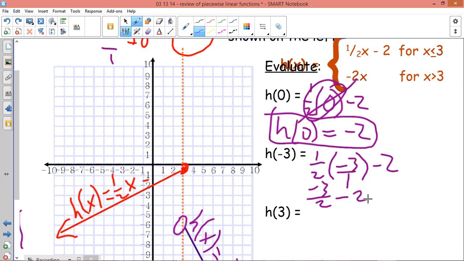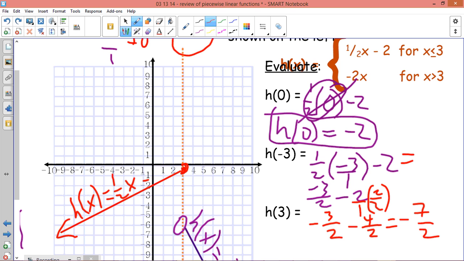However, you can't combine fractions unless you have a common denominator, so I make this 2 over 1, and then multiply by 2 over 2 to have the denominator both be 2. So I get negative 3 over 2 minus 4 over 2. I keep my denominator the same, over 2, and I do negative 3 minus 4, so I get negative 7 over 2. And so I know that h of negative 3 is negative 7 over 2.